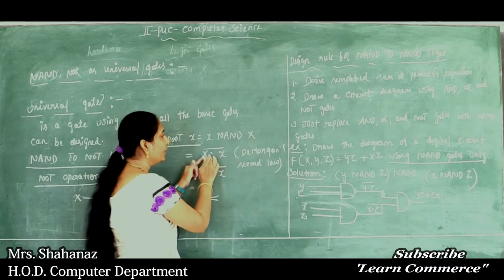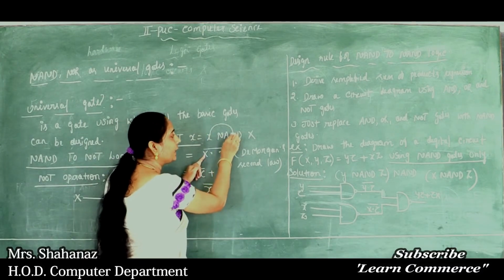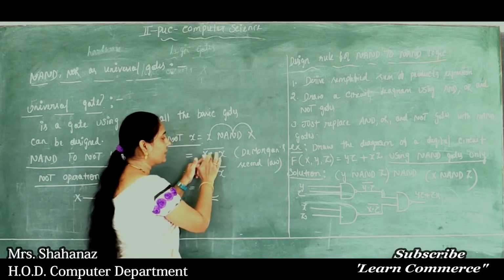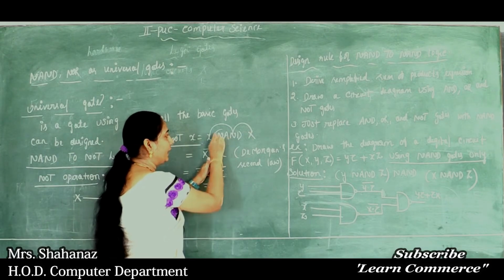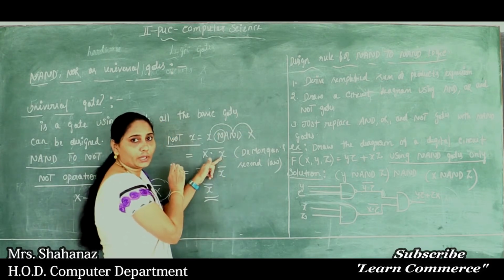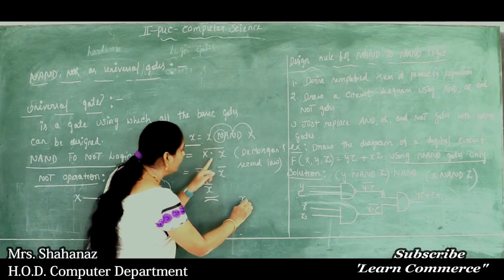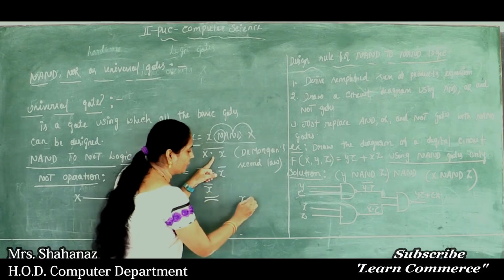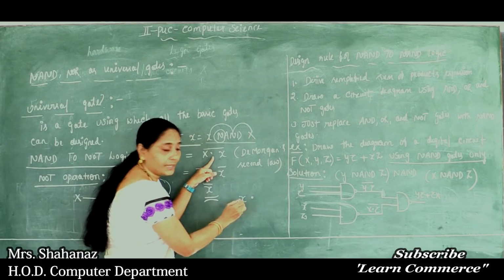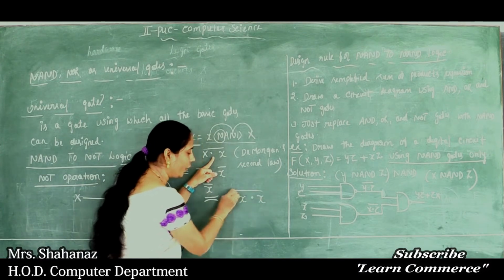Later, next one, X and X. And later, the next one is the NOT. Clear this point here? I am completing first of all X by using this expression, X and X NOT.